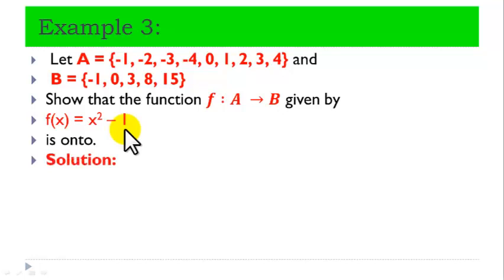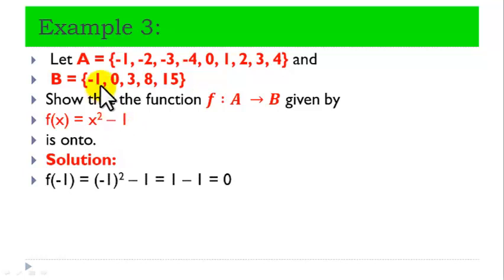Solution. Let us find the images of every element in A under the function f. The image of -1 is f of -1, and that is equal to -1 squared minus 1. And that gives us 1 minus 1, which is equal to 0.